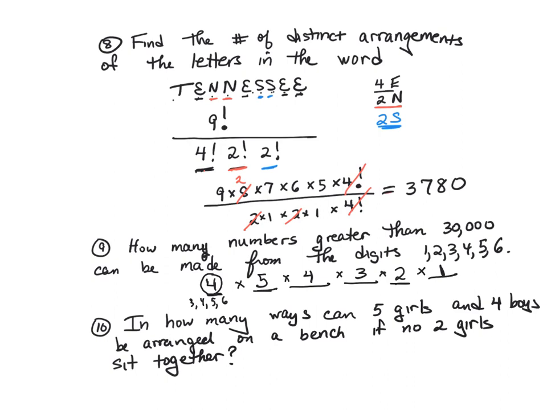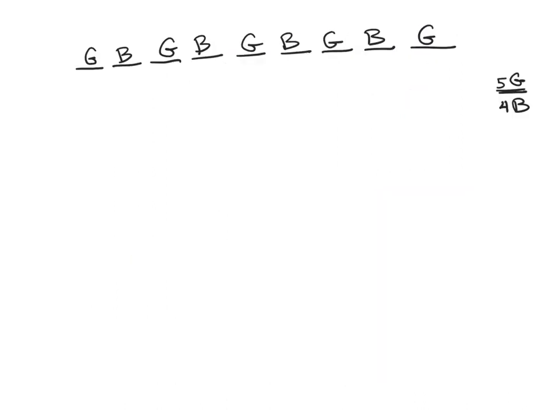Now we're going to see 5 girls and 4 boys, so we're going to sit 9 people, and of course, we multiply by the fundamental counting principle. In how many ways can 5 girls and 4 boys be arranged on a bench if no 2 girls sit together? In a problem like this, it's a good idea to list the arrangement to see what it would look like.